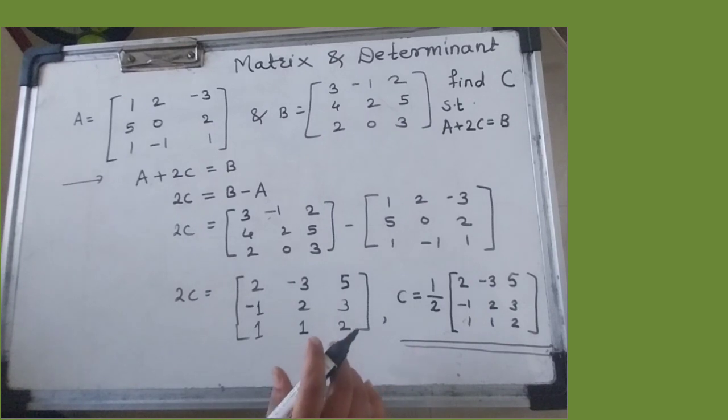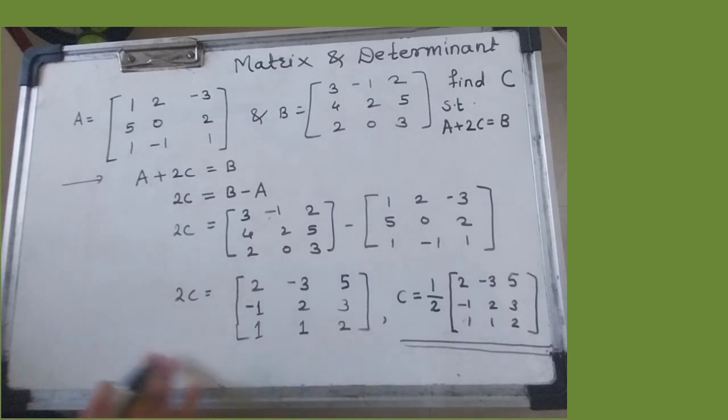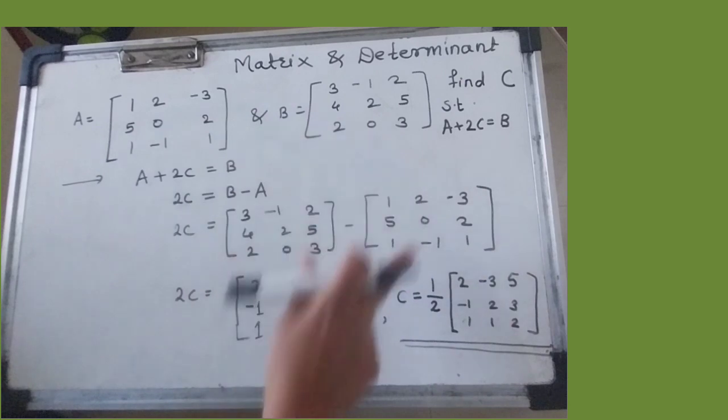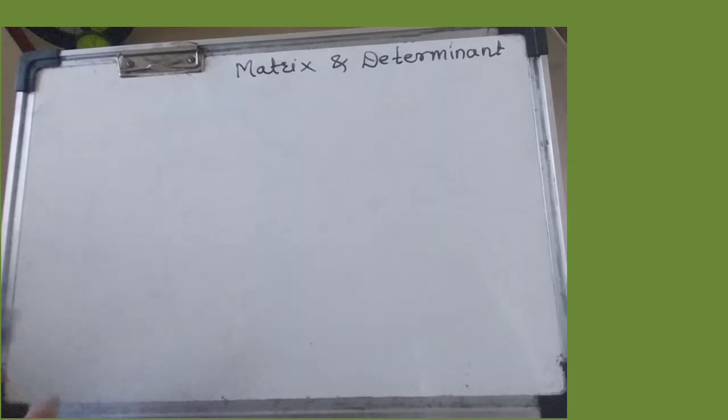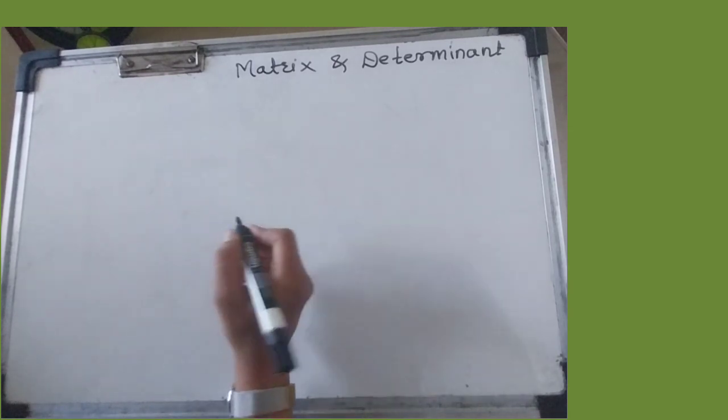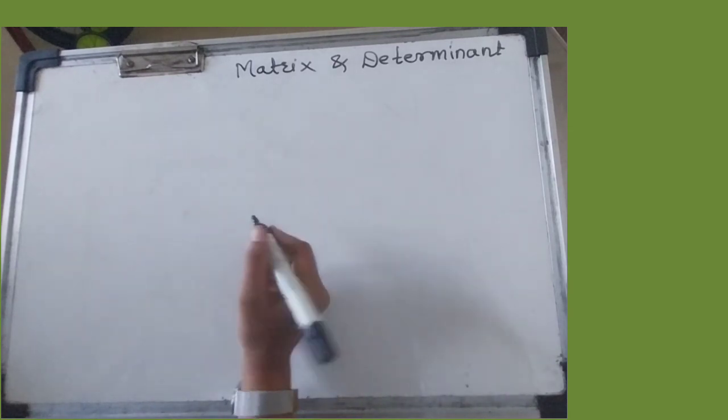Now we are going to see the matrix multiplication. This is just a reminder for you that algebra of matrices is done. You can solve many more examples from the book. Many questions are given in the book on algebra of matrices.